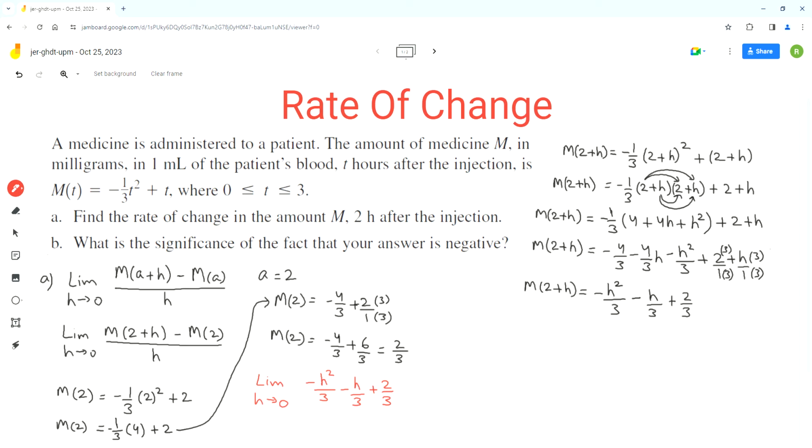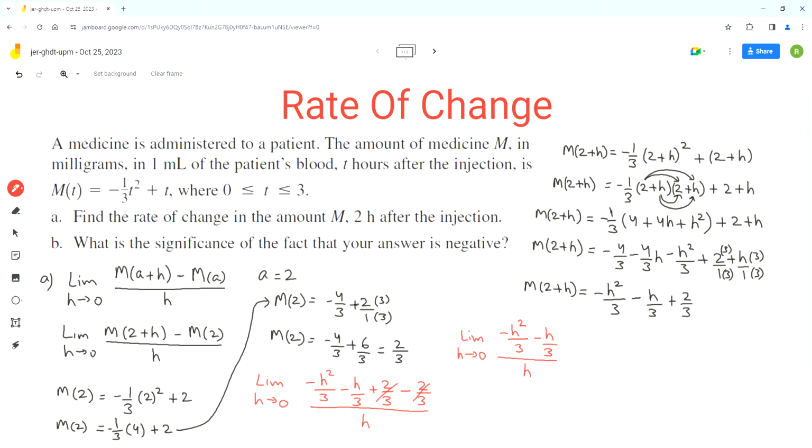And now minus M(2), which is 2 over 3, all over h. Now we have to simplify this expression. First we can cancel out the 2 over 3's. So we get limit h approaches 0 of minus h squared over 3 minus h over 3, over h.